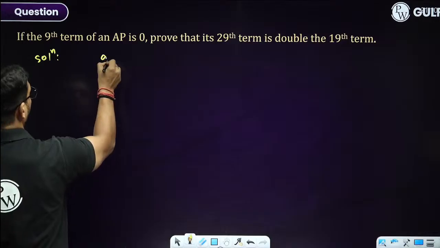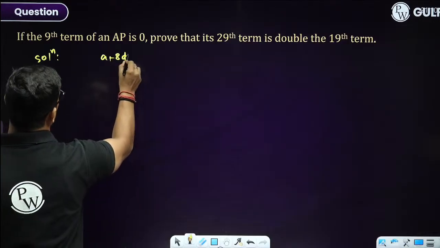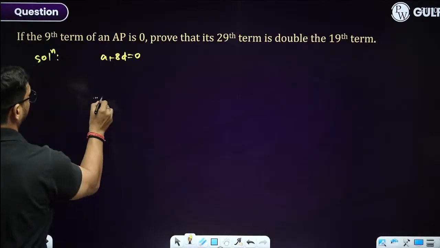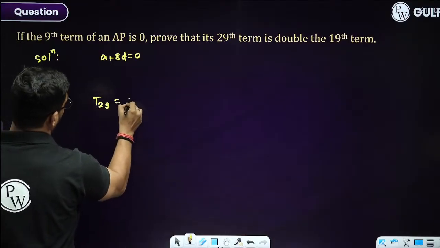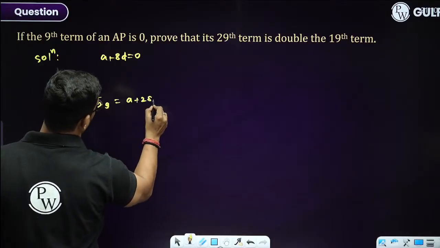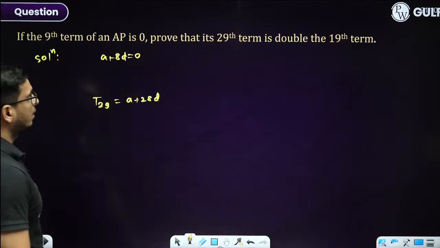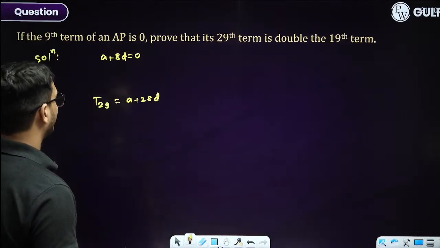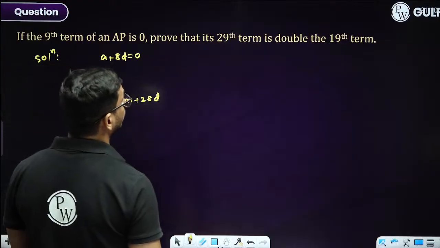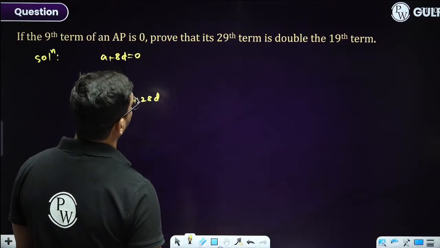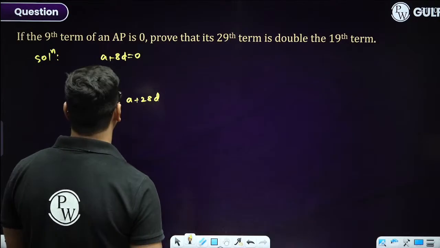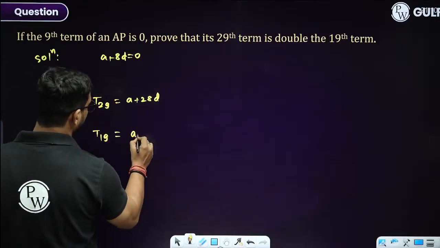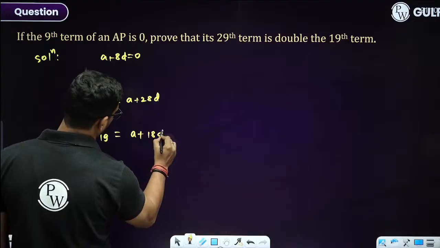9th term, so A plus 8D is 0. Okay, we just have to find the 29th term. Find T29, that is A plus 28D, correct? A plus 28D. Now they are saying we have to prove that the 29th term is double the 19th term. Find T19. T19 is A plus 18D.